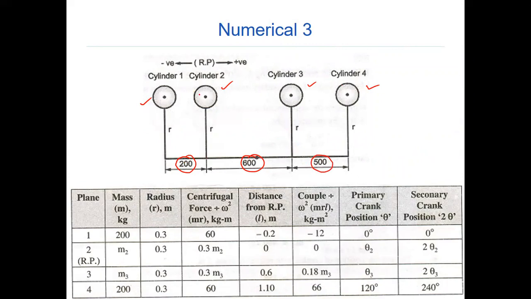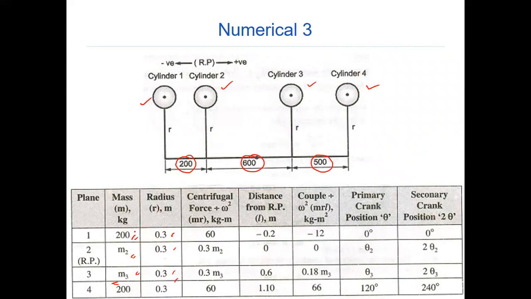Now M1 is known, that is 200 kg. M4 is known, that is 200 kg. But M2 and M3 are not known. But the radius of the crank, all are same. It is given. Now you find the MR, that is centrifugal force divided by omega square.